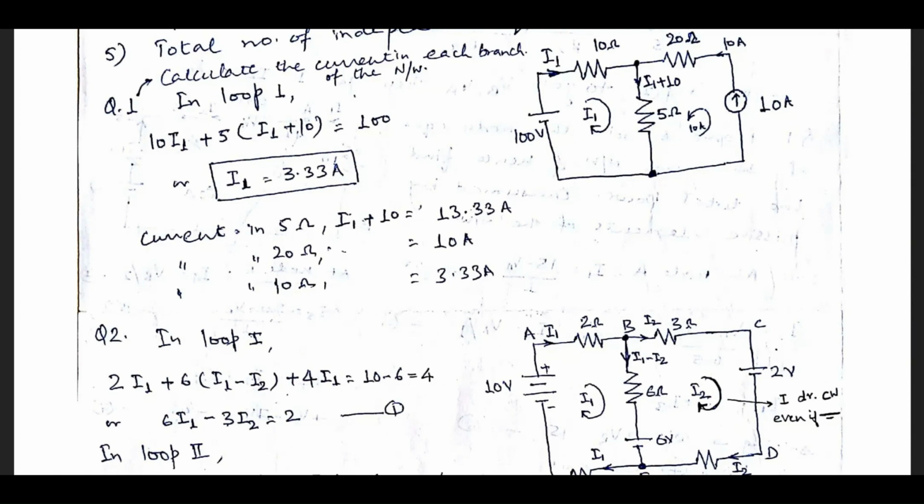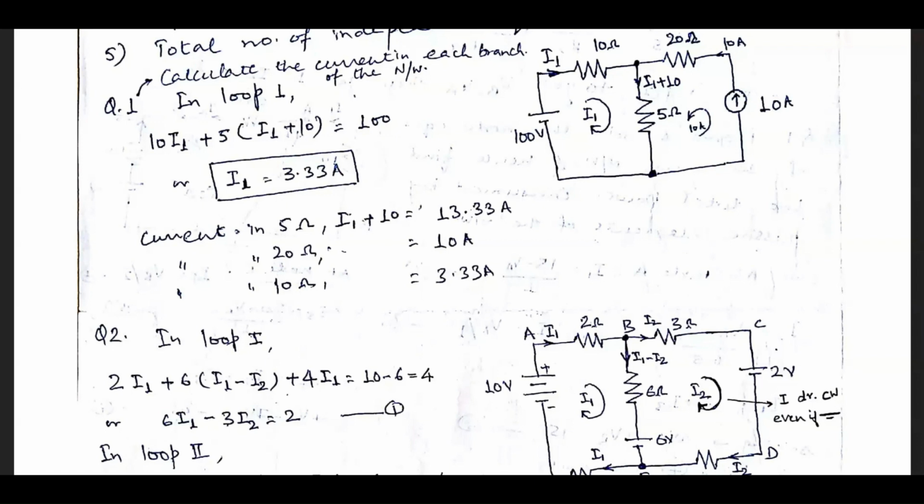So the KVL for the first loop is 10I1 plus 5(I1 plus 10) equals 100. One equation, one unknown: I1 can be calculated as 3.33 amperes.